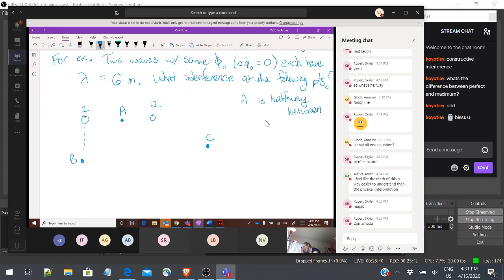B is, let's say, 5 meters from one source. Let's say this is 11 meters. Let's say that C is 20 meters, and let's say this is 5 meters.